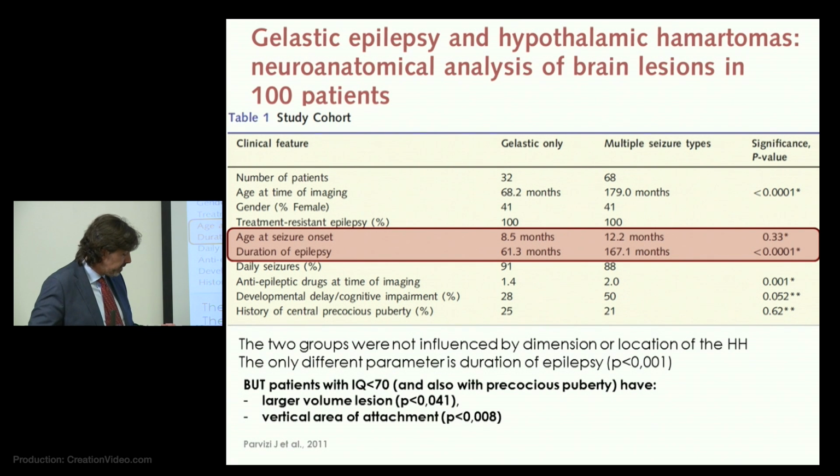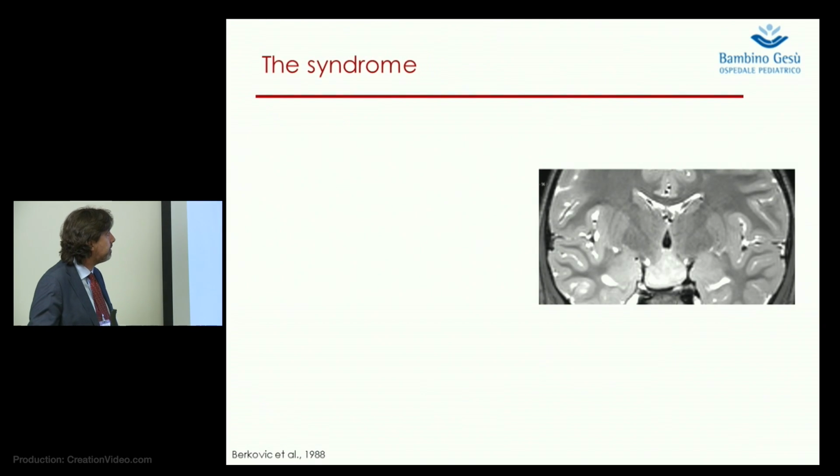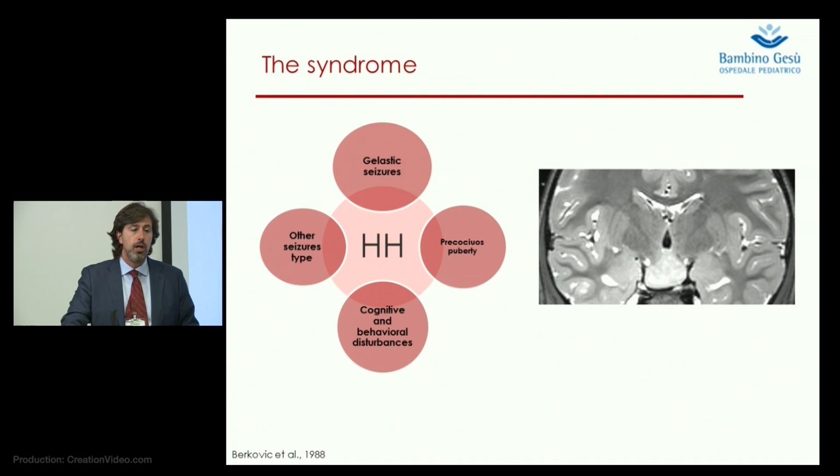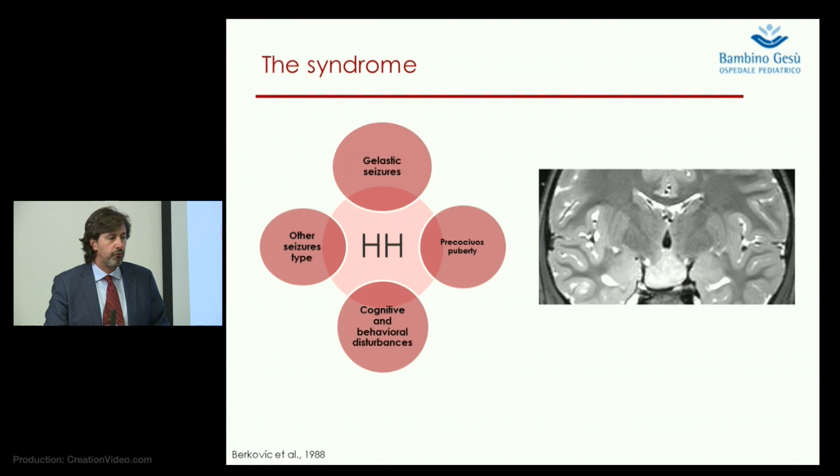It is very interesting to see that patients with few months of age might present really similar seizures between them, and you will see some examples. The association of gelastic seizure, precocious puberty, cognitive and behavioral problems, and other seizure types is our syndrome, the syndrome of gelastic epilepsy, of the hypothalamic hamartoma related epilepsy.